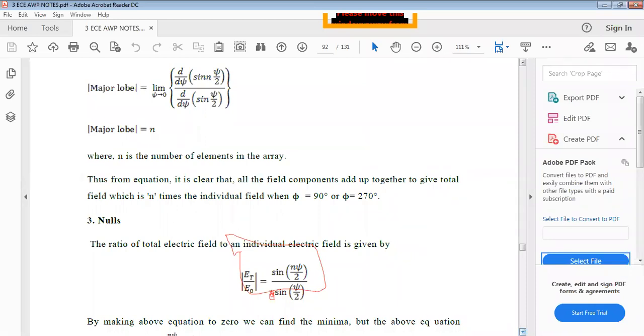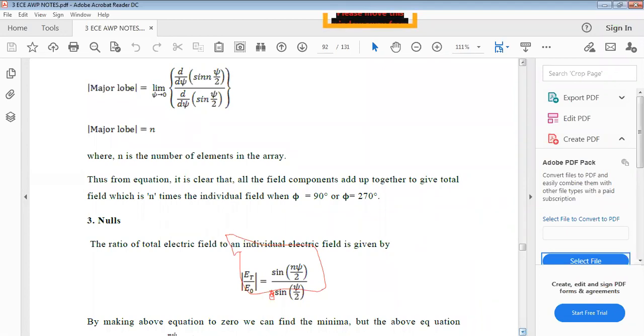From the equation it is clear that all the field components are added up together. When I am considering 20 antenna elements, I just add up all these field components, E0, E1, E2, E3, that's all.